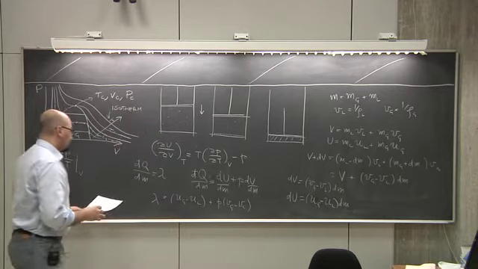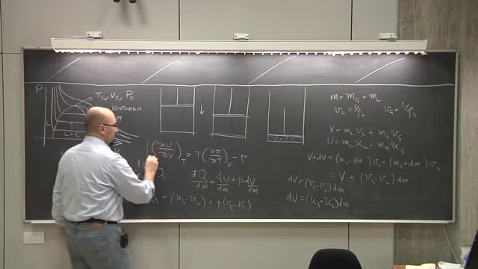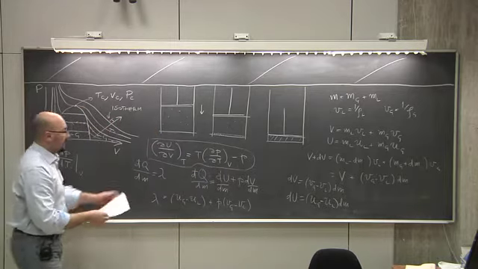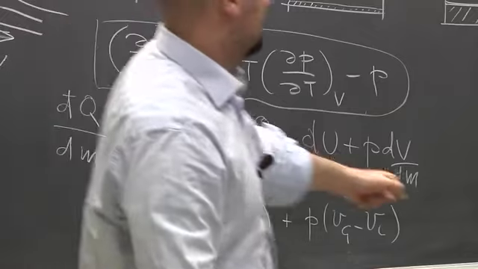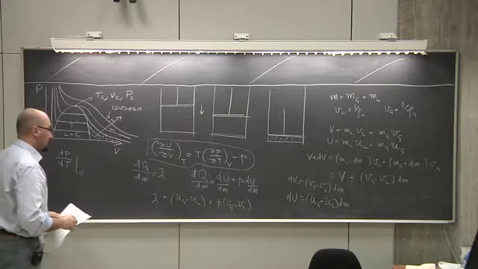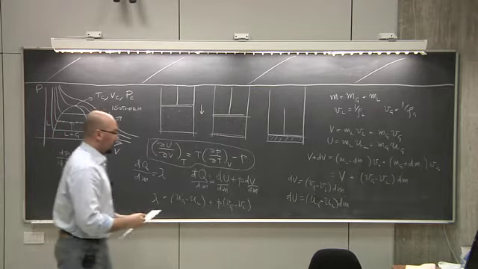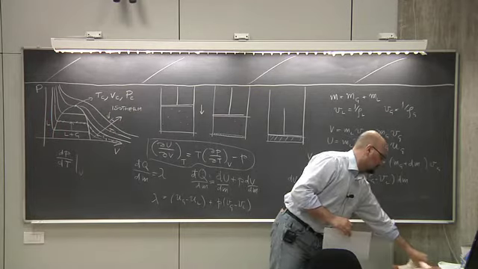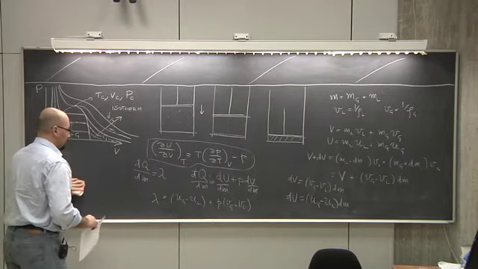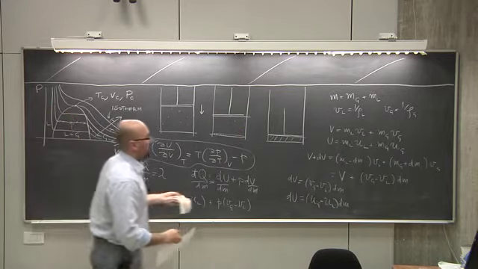Okay. Now, we wanted to use this equation. We can get dU by dV by taking the ratio of these two differentials. So we have the following.